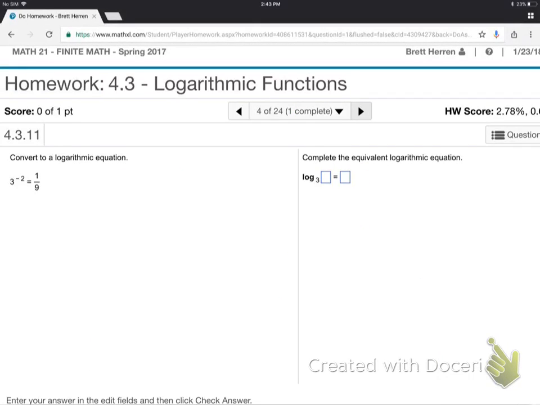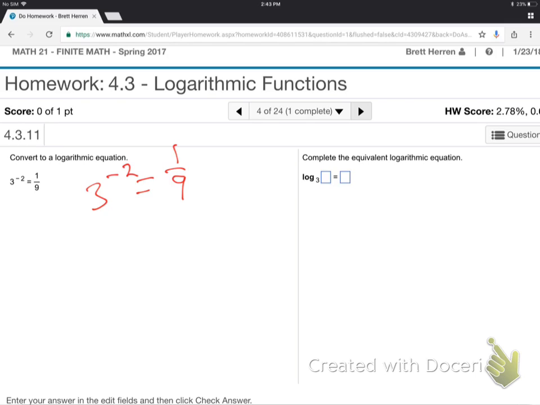All right, well, let's try it. 3 to the minus 2 is 1/9. All right, try that one. So what do they want me to do? They want you to add a new log word there. Base stays the base.